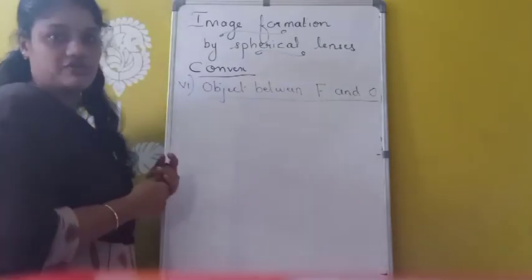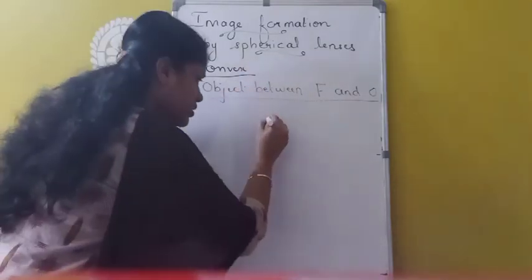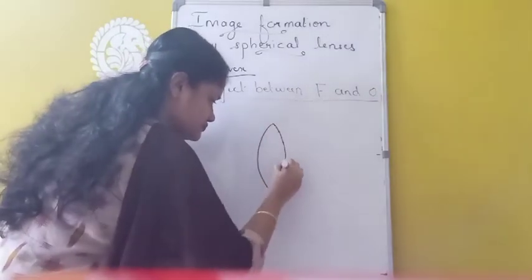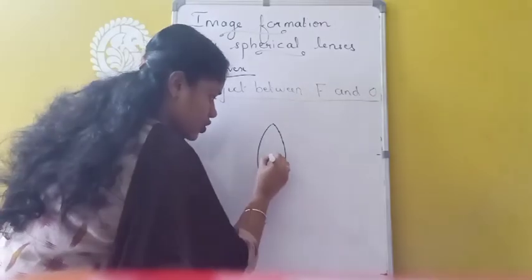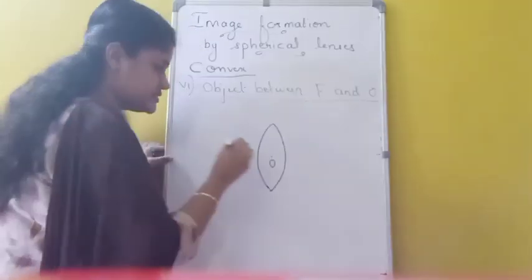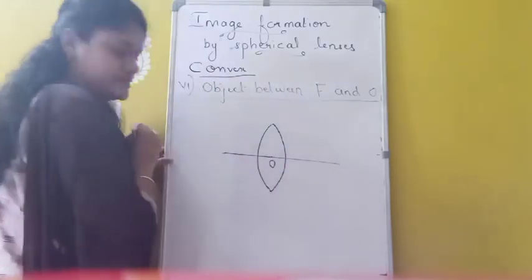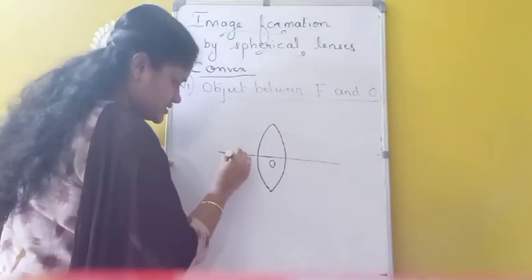Last one in the case of convex lens. Okay. So you can draw a convex lens here. Optic center. Mark optic center. Then draw the principal axis. And we are marking focus here.